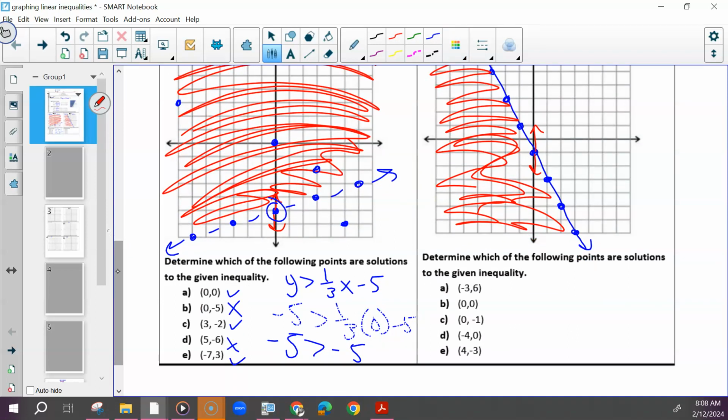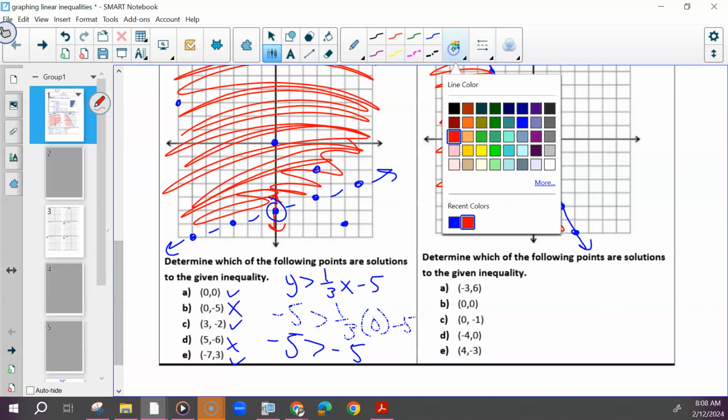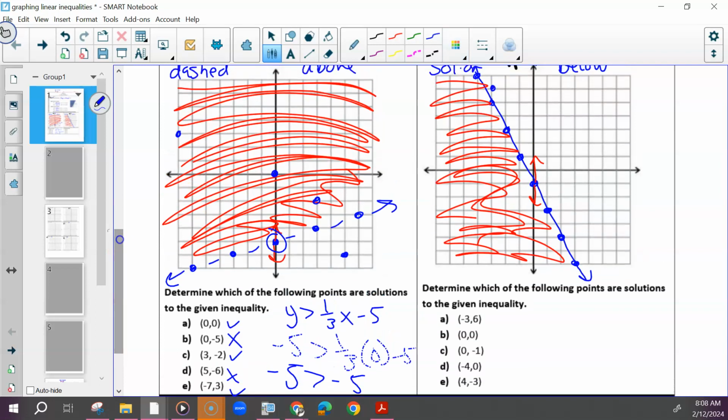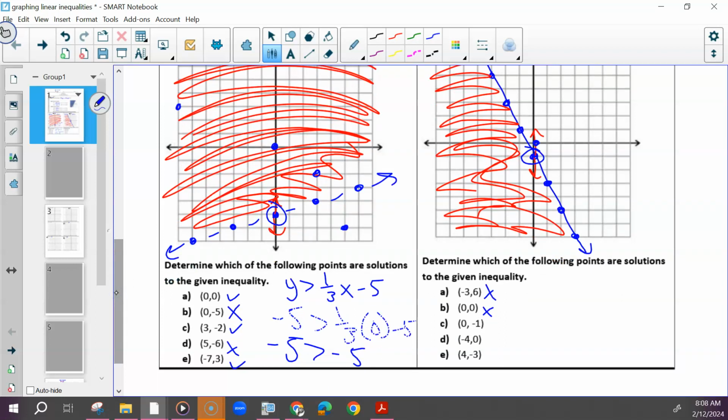And then if we check which of these points are solutions, if I put in -3, 6, no, 0, 0, no, 0, -1 falls on the line, we'll come back to that one. -4, 0, yes, and 4, -3.